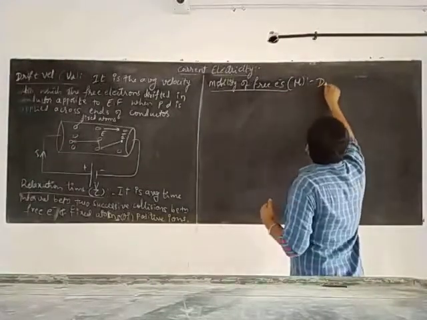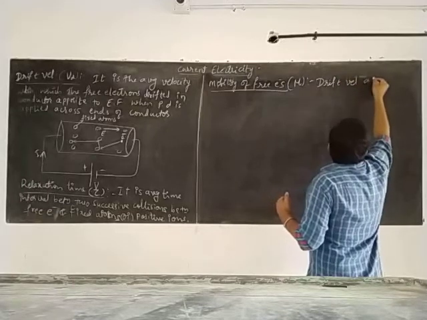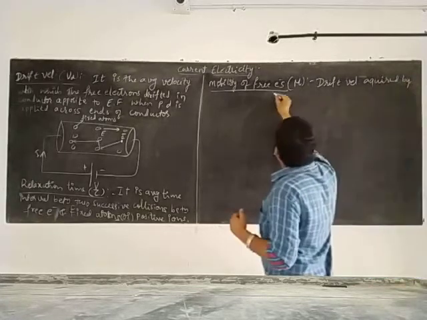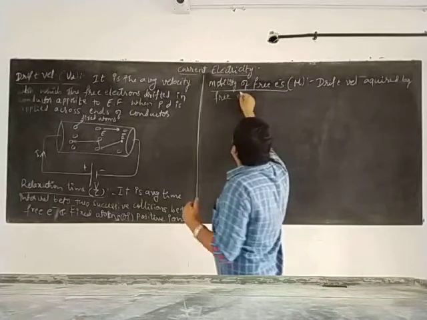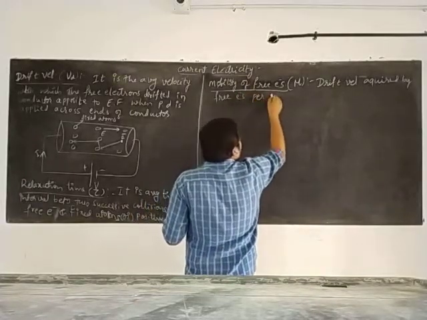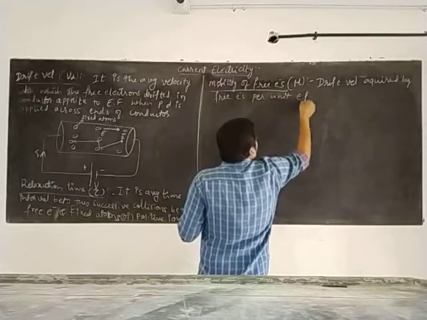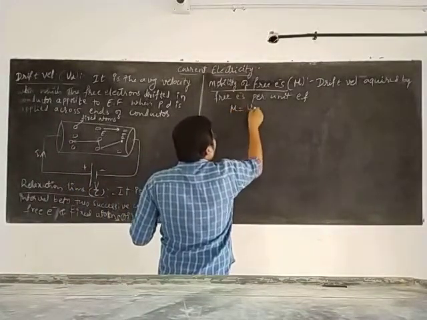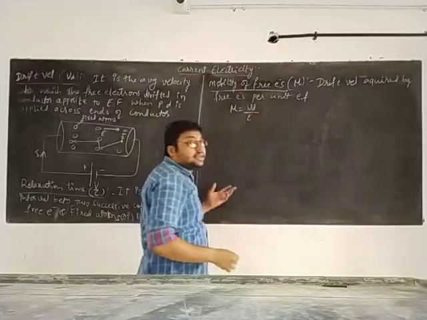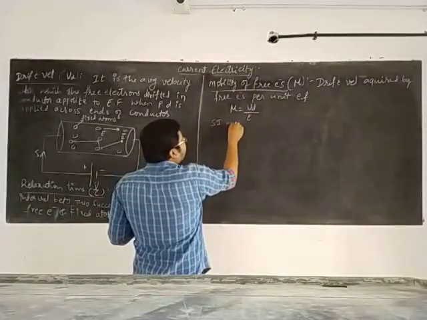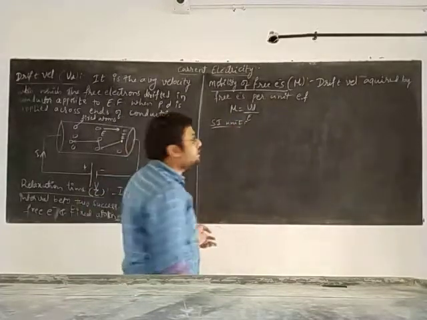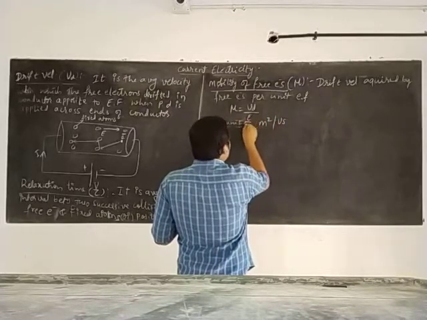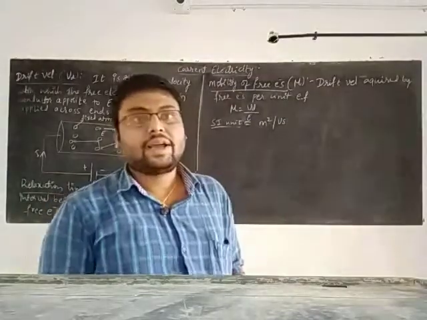So mu is equal to V_d divided by E. And the SI unit of mobility is meter square per volt second.